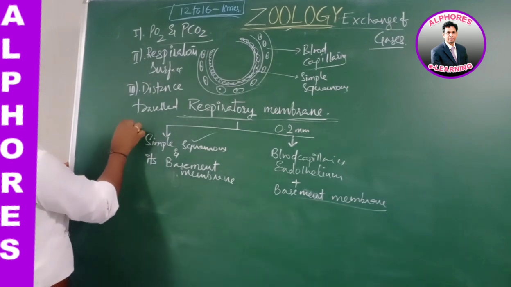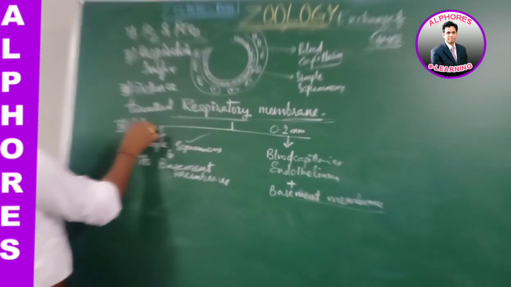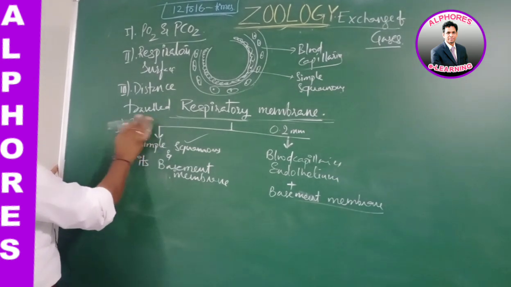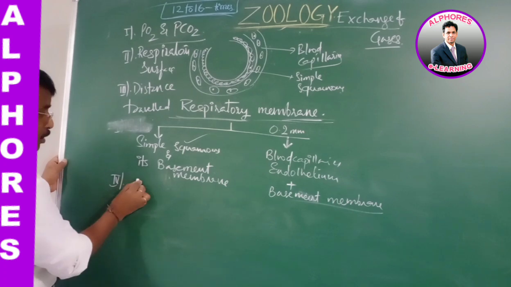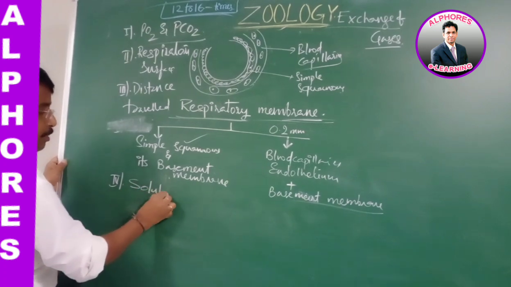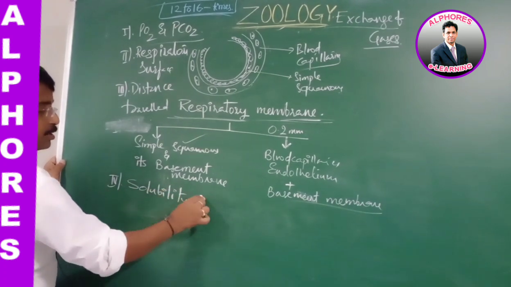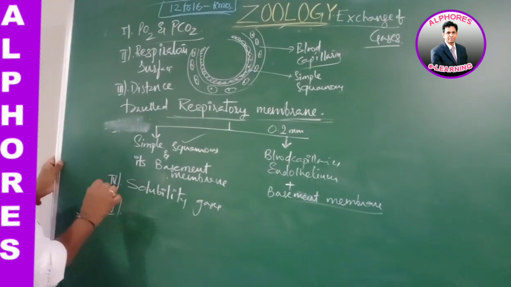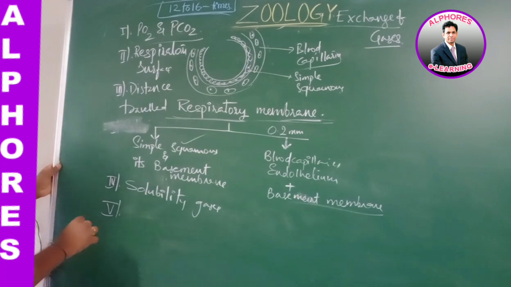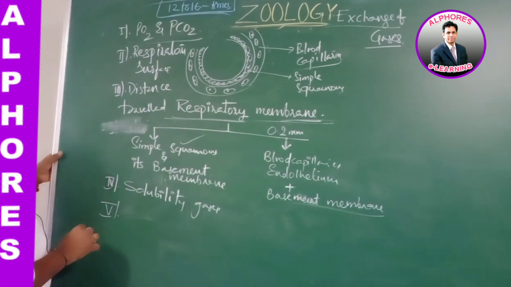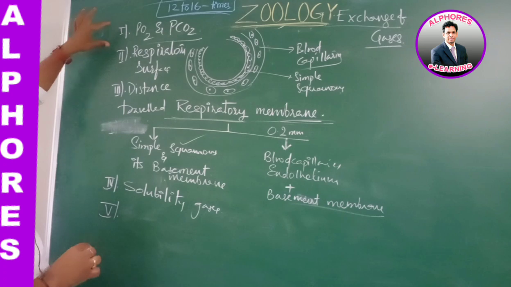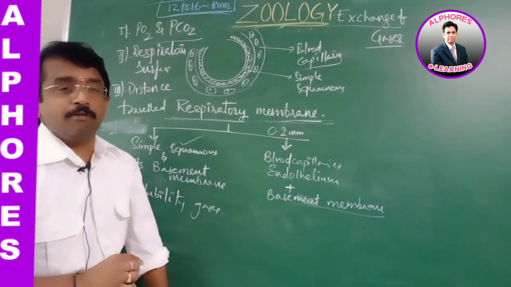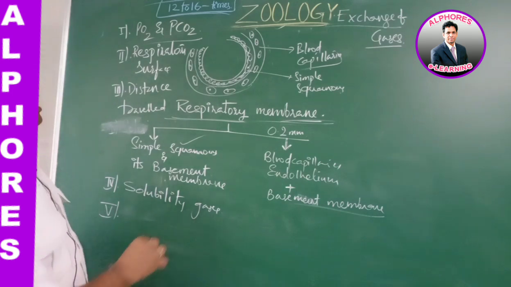Fourth is solubility of gases. Fifth is the pressure gradient. These are the factors that influence exchange of gases.